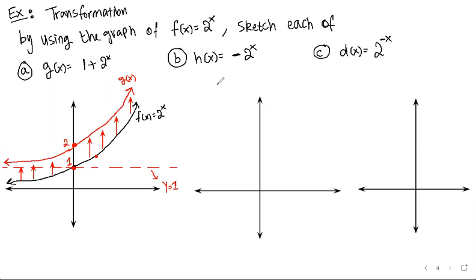This is 100% true. So when the minus is outside the function, this means we have to reflect the function around the x-axis. So my original function is this. This is my original function here.